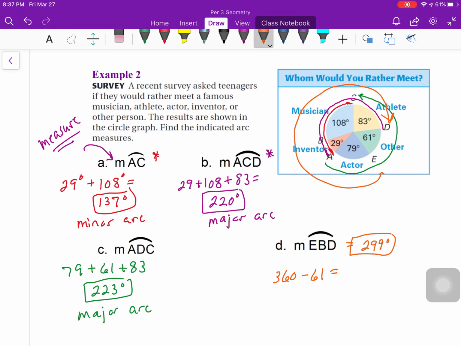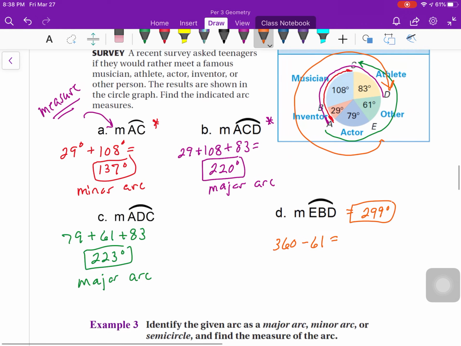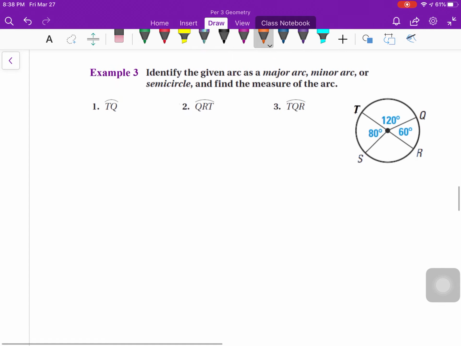And that should be the same we would get if we added up all the other ones together. The 79 plus the 29 plus the 108 plus the 83. And it is in fact the same. That's called the arc addition postulate, similar to the angle addition postulate and the segment addition postulate we had in first semester.